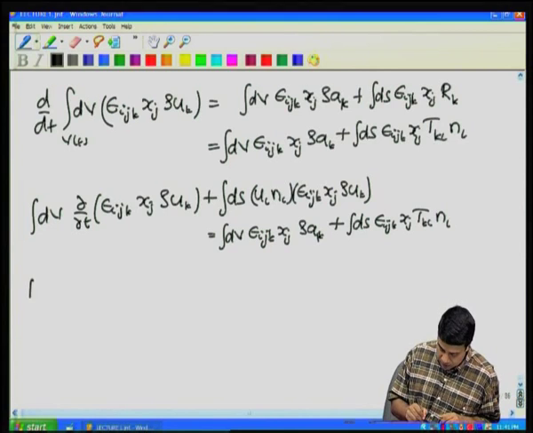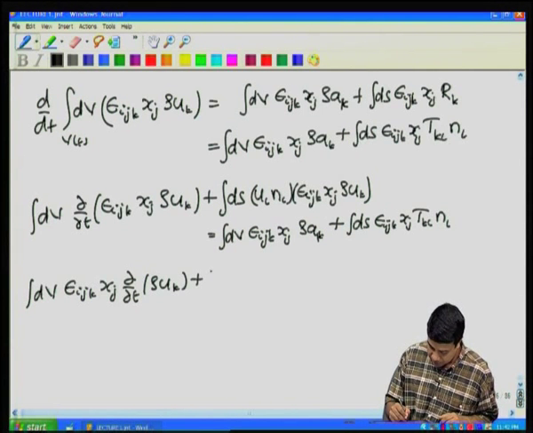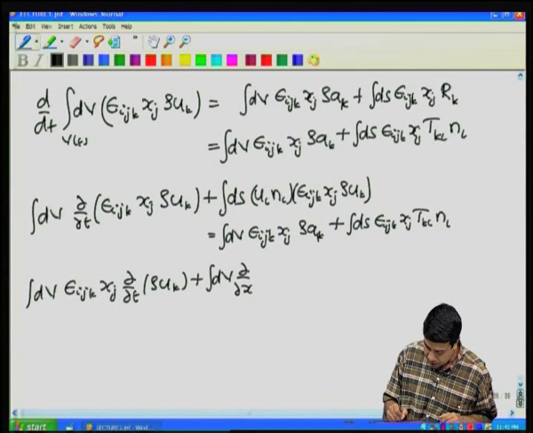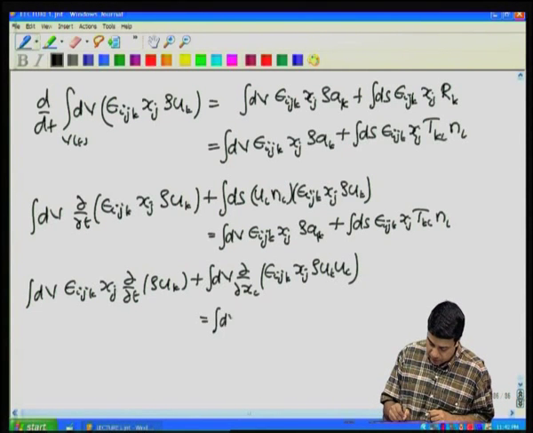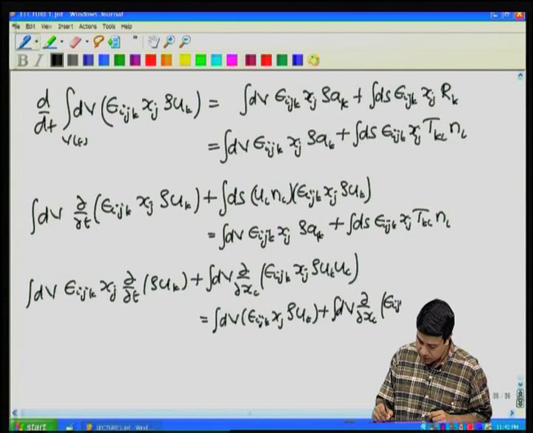Then I will get the integral over the volume of epsilon_ijk x_j partial by partial t of rho u_k, plus the integral over the volume of partial by partial x_l of epsilon_ijk x_j rho u_k u_l, is equal to the integral dV of epsilon_ijk x_j rho e_k plus the integral dV of partial by partial x_l of epsilon_ijk x_j t_kl n_l.